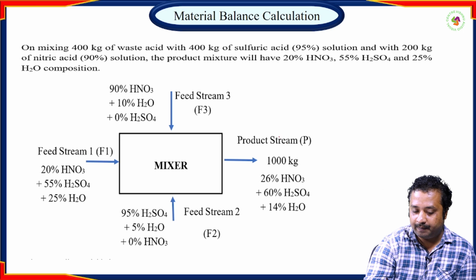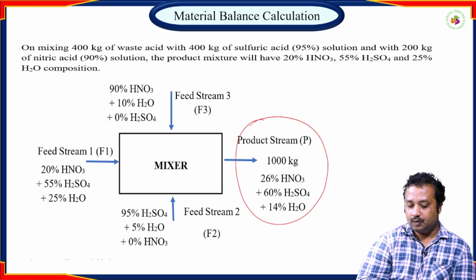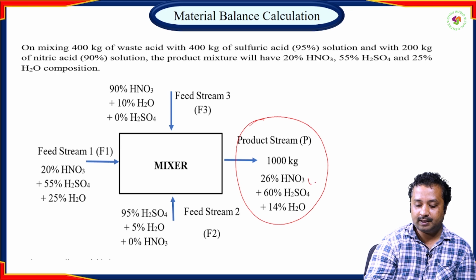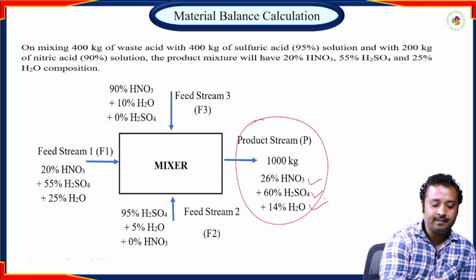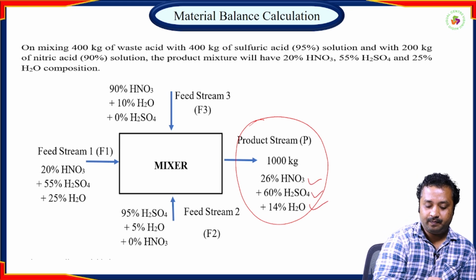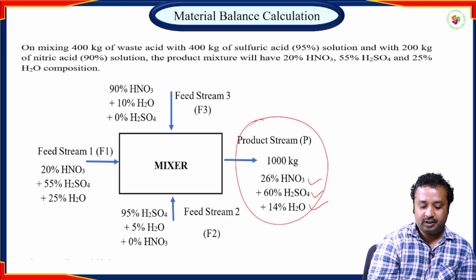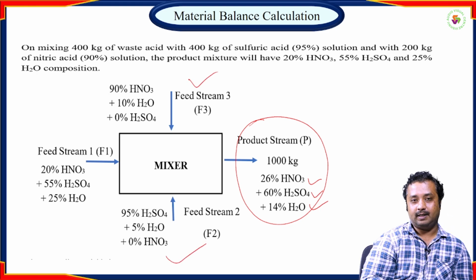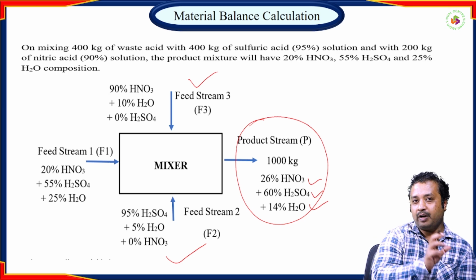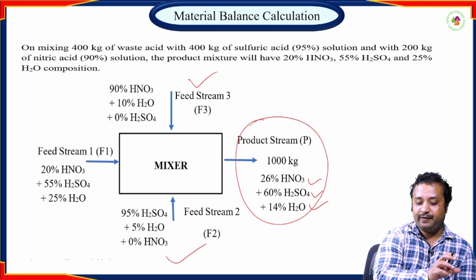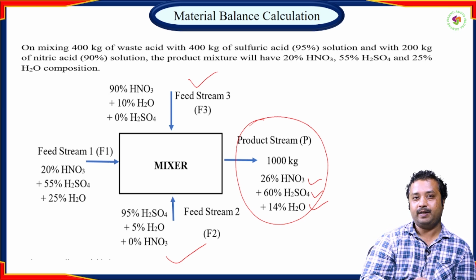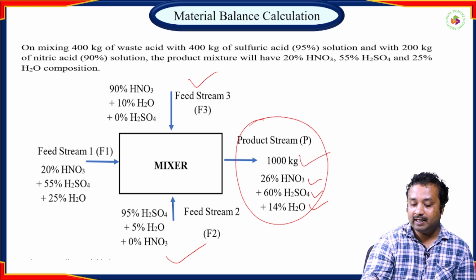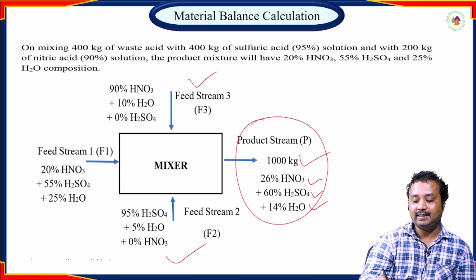The question is we have to produce 1000 kg of the product with this composition, and we have three streams: the waste acid stream, concentrated H2SO4, concentrated HNO3. The question is how much of each feed stream F1, F2, F3 we should add so that we get 1000 kg with the exact proportion.